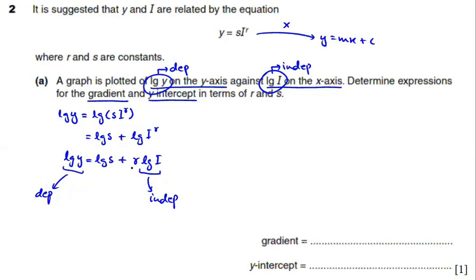Now in this term, the constant part r by which independent variable is being multiplied is gradient, and the other term on this side of the equation that adds to the term that contains log of I, the independent variable, is the expression for y-intercept. So gradient of log of y versus log of I graph is r, and y-intercept is log of s, right?